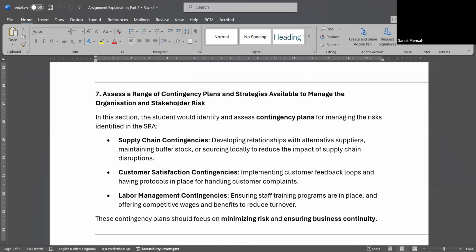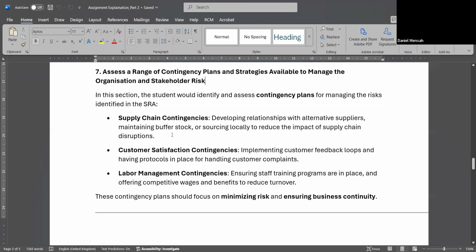If you are not meeting the investors' expectations, maybe they pull out, and then you will lose financial support. So this can be a risk. Similarly, you will be finding some kind of risk that exists in the organization and some risk associated with your stakeholders. Again, you can talk about the supply chain.